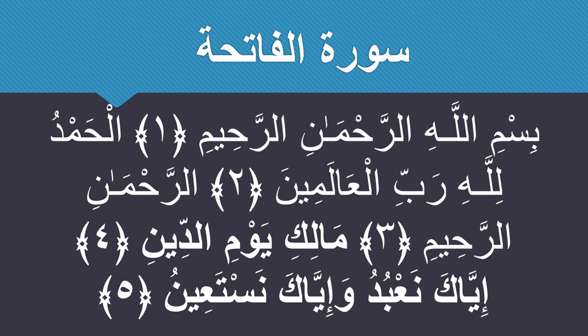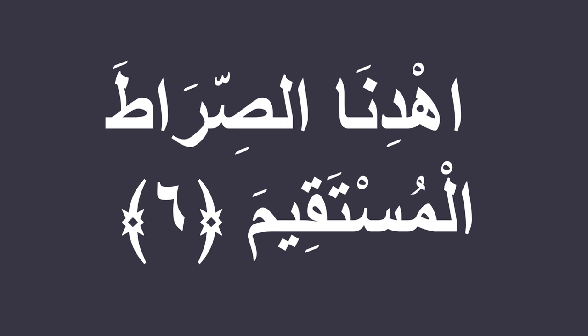So let's move to the next verse. This is the last verse. Ihdina: hamza fatha, hamza kasra, ha sukun, dal kasra, di, noon fatha, alif sukun, na. Ihdina. Now the sad, we see a shadda over the sad, right? So that means, is it a moon or a sun letter? Shamsiyah, right? It's a sun letter, being that you don't pronounce the lam with the sukun on it.